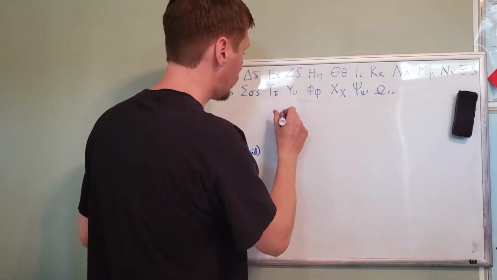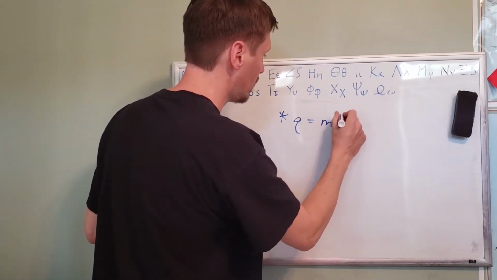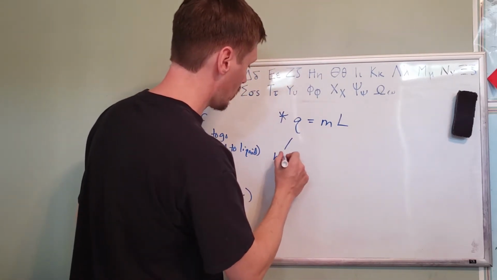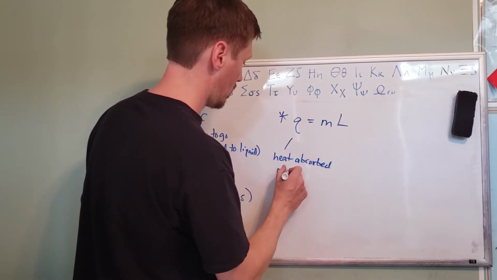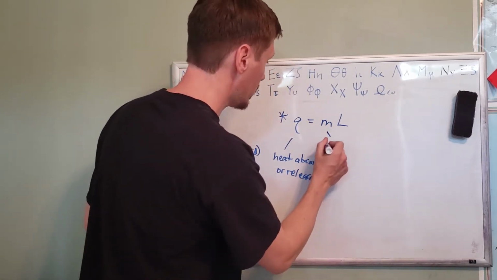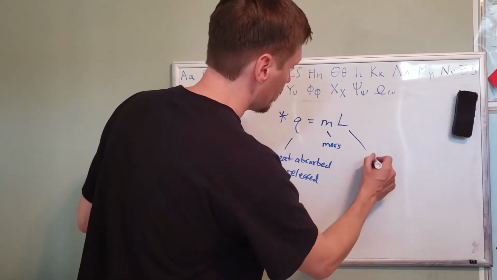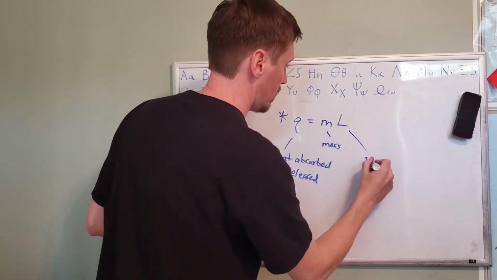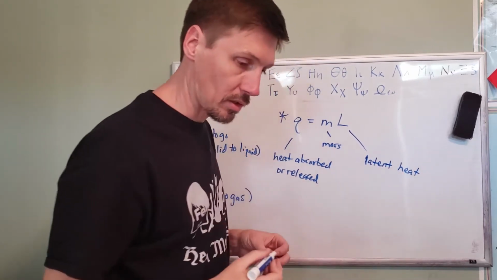So we've got a new formula that we need to know, and that is Q equals mL. The Q here represents the heat absorbed or released, just like it did in our other equations. M, just like in the other equations, refers to mass. And then of course L is this new term, latent heat, which we just learned about.